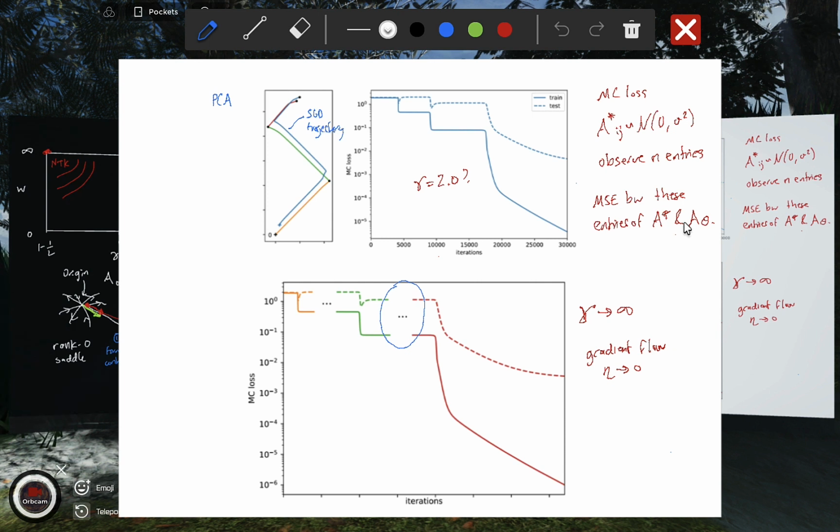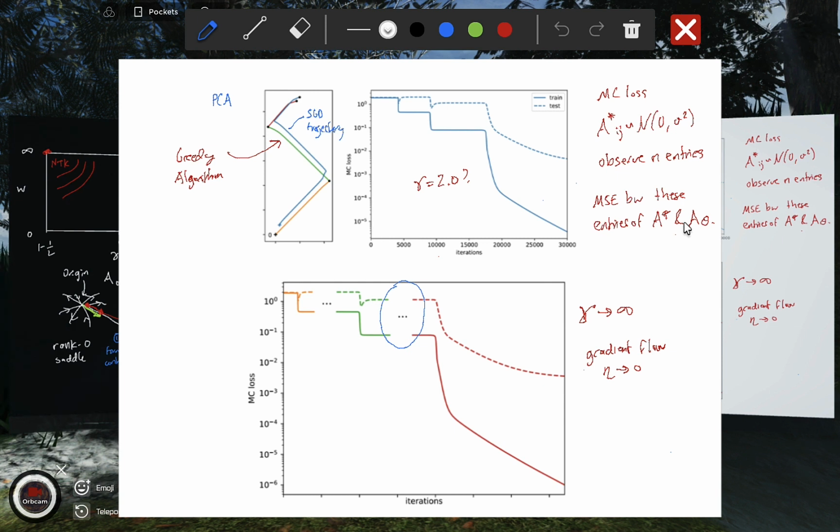And so these other components come from this greedy algorithm they introduce, where they explicitly learn only one component at a time.